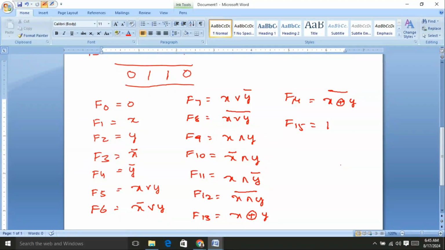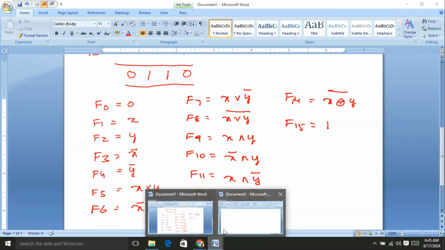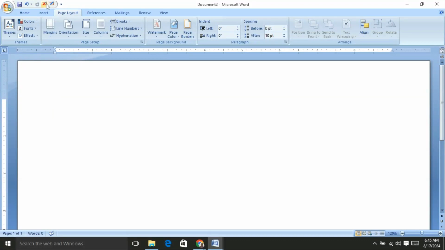It is possible to draw a truth table for these logical micro operations. How am I going to draw the truth table for all these operations? Please observe carefully. I am going to consider two operands x and y.